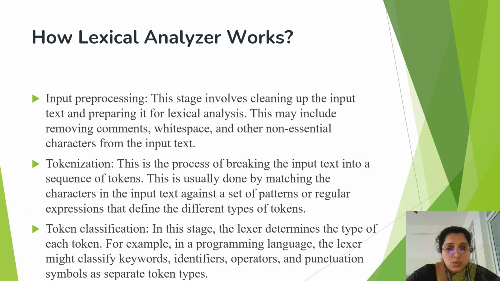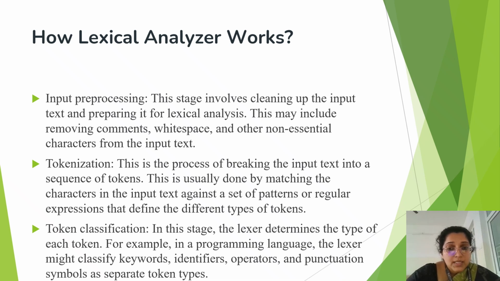So how do these tokens work in lexical analysis? These are the certain stages of how a lexical analyzer works. The first stage is input pre-processing. Once you give a high-level language or source code, the white spaces, the comments, and the non-essential characters in the source code are separated out in input pre-processing. Next is tokenization.